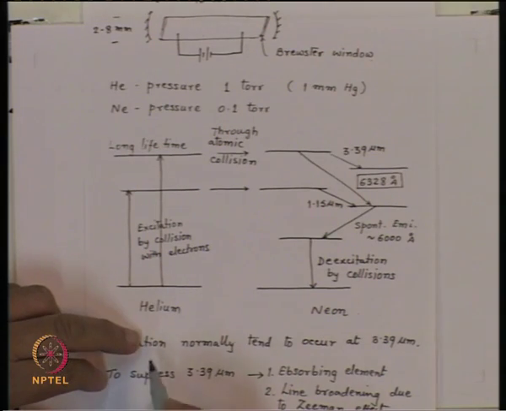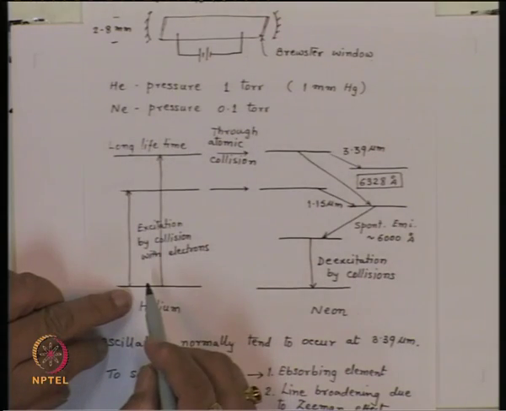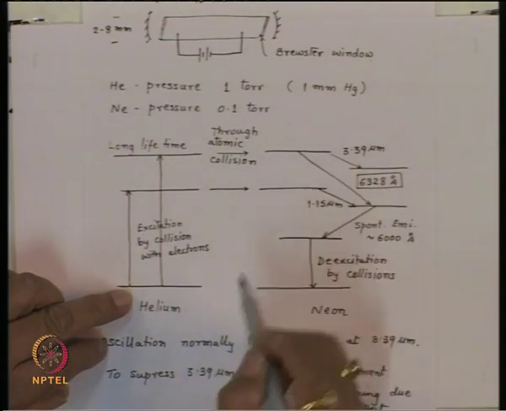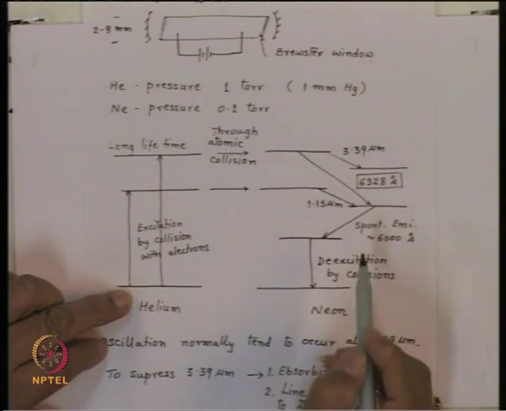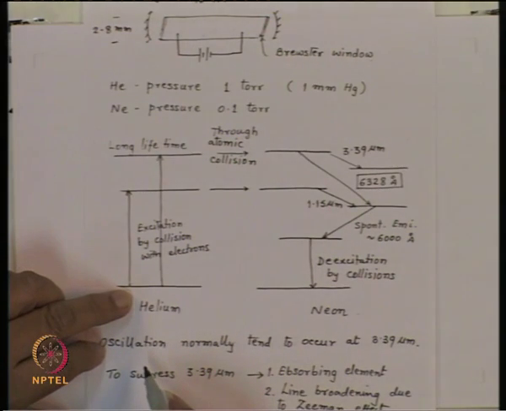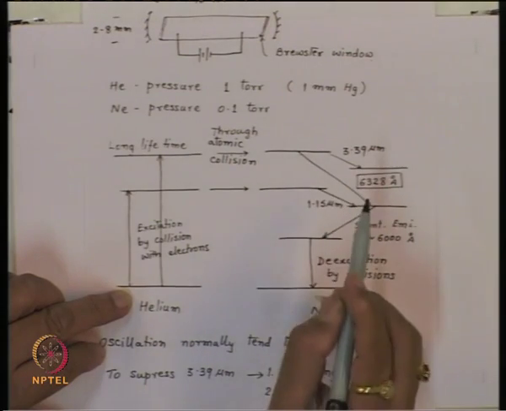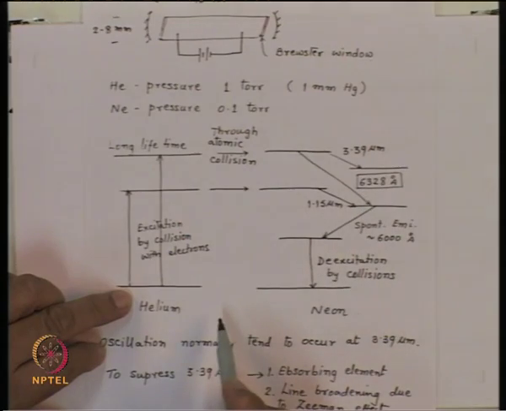Now the process is as follows. We supply energy to the helium, then the neon atoms are excited to this level, which can either relax to this level, or relax to this level, or make a transition to this level. Since this difference is very small, it corresponds to a wavelength of 3.39 micrometer.